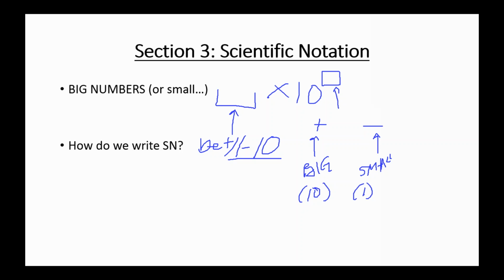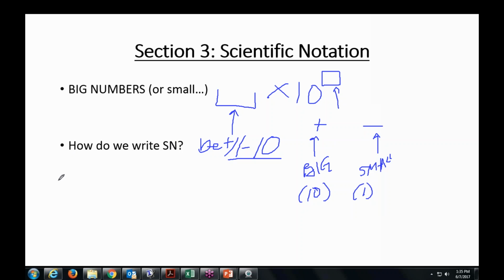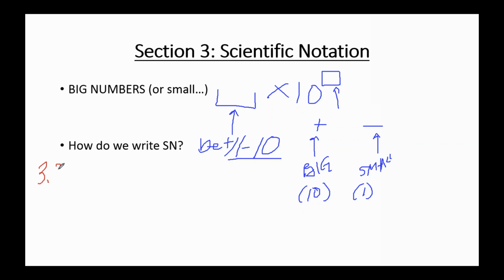So I want to just show you a couple. How do you write scientific notation? Like 3.8 times 10 to the 4th. That is scientific notation. This would be considered a large number because notice how my exponent is positive. Or I could have 1.23 times 10 to the negative 5th.